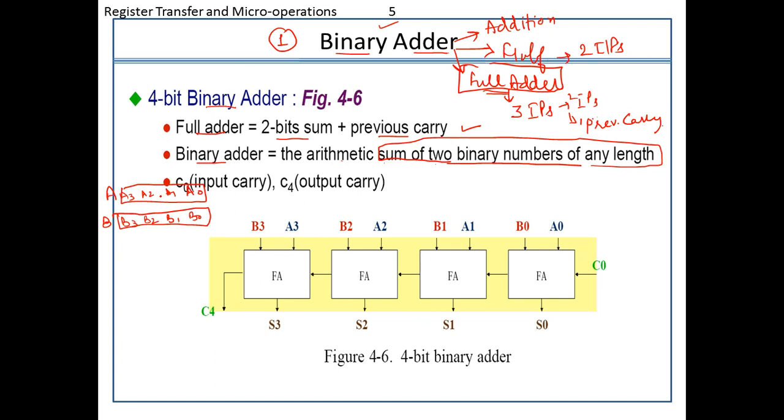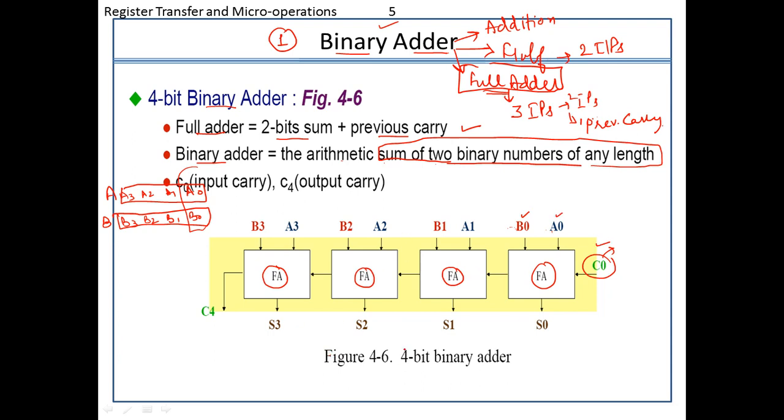For that, I need the use of full adders in the circuit, because the full adder will provide me the bitwise sum, and along with that it will also generate the carry. It will always take the previous carry, so in total it takes three inputs.